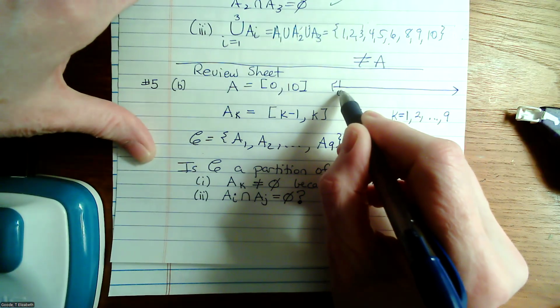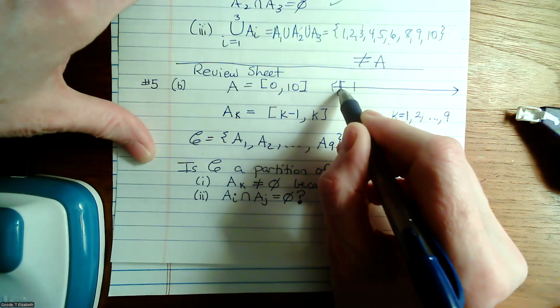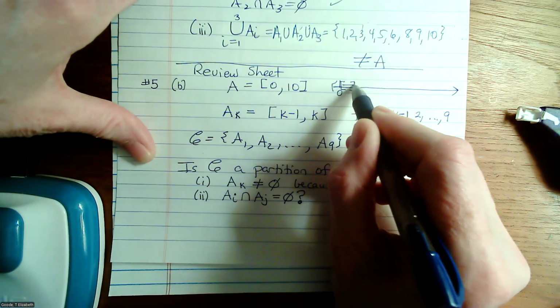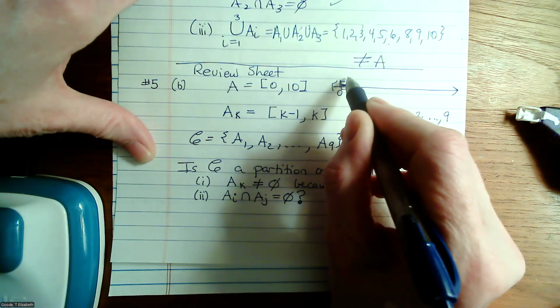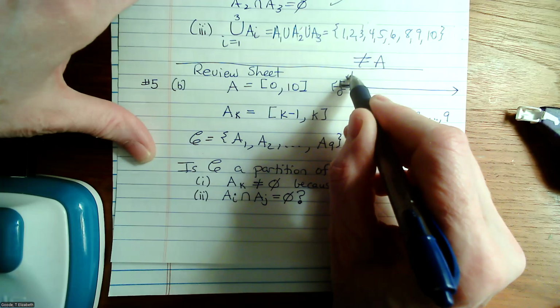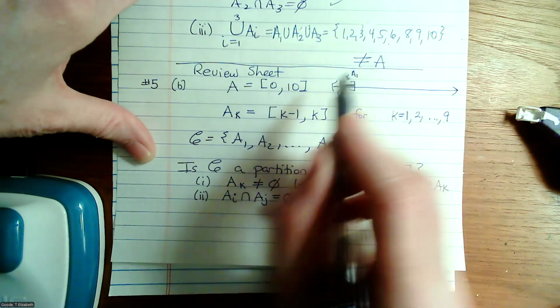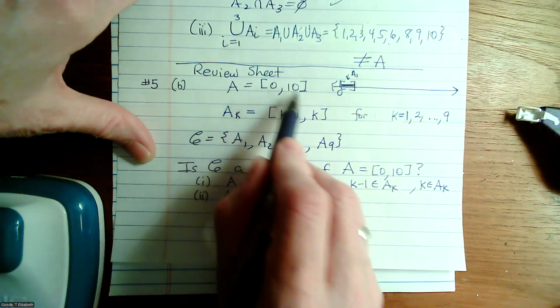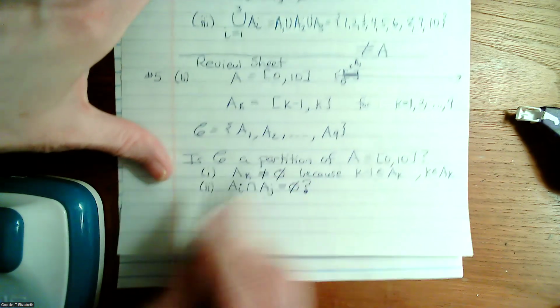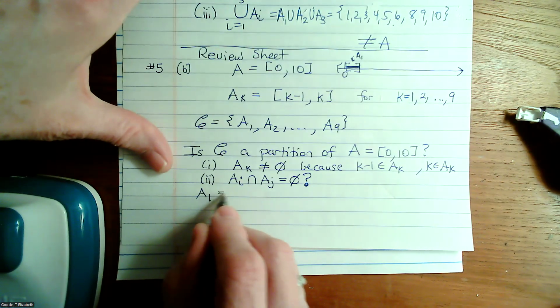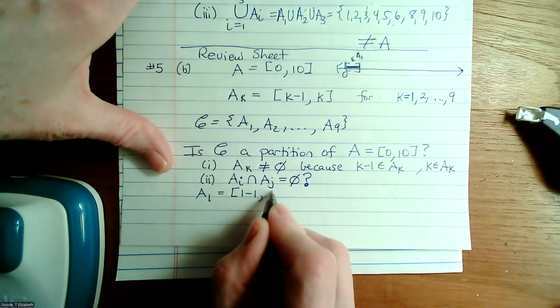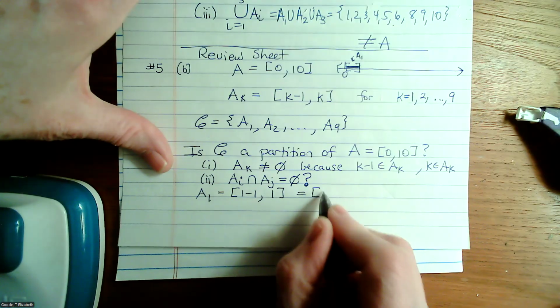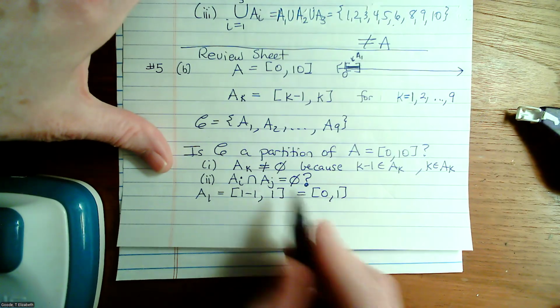Here's 0. Here's 1. This is square bracket from 0 to 1. That is A1 right there, because A1 goes from 1 minus 1 to 1, which is square bracket 0 to 1. So that's what A1 is.